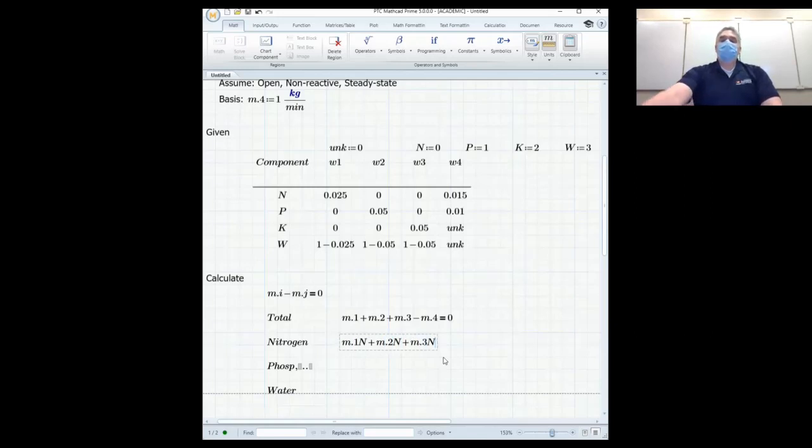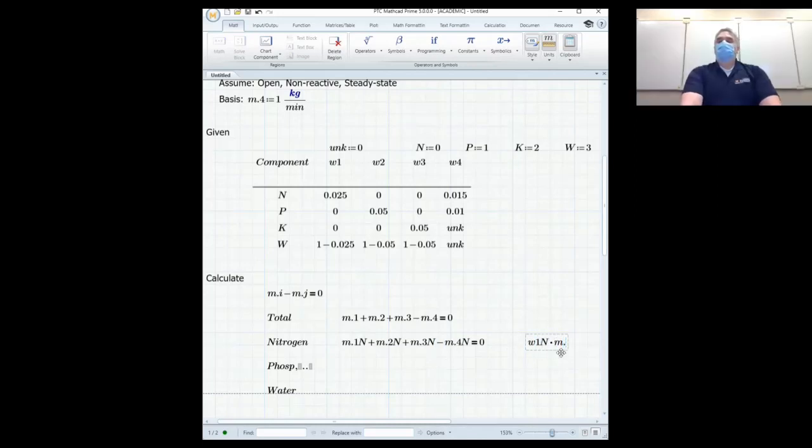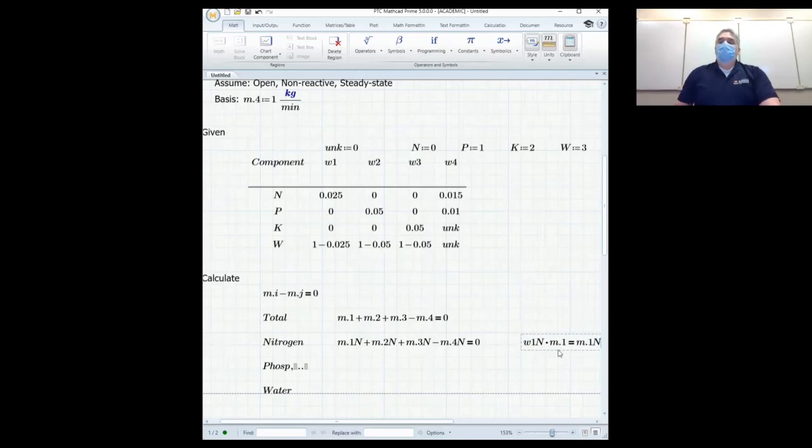So just nitrogen in the first 3 streams minus the nitrogen in the 4th stream has to be equal to 0. But if you look at this, now we've got new unknowns. So how can we replace those unknowns? Well, we know that the weight fraction of stream 1 that is nitrogen, times the mass flow rate of stream 1, is going to be equal to M1N, the amount of nitrogen.